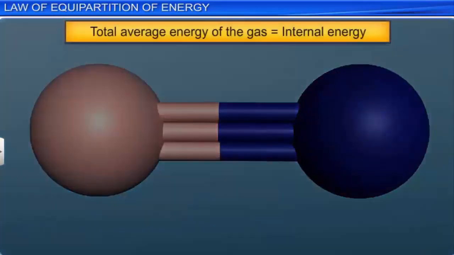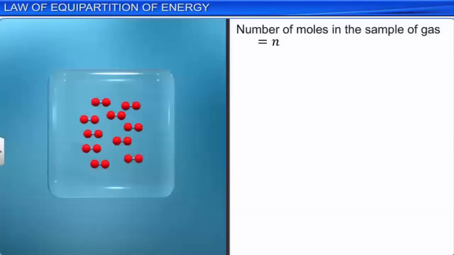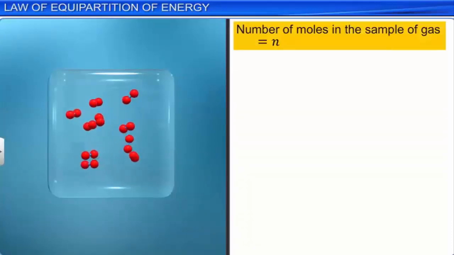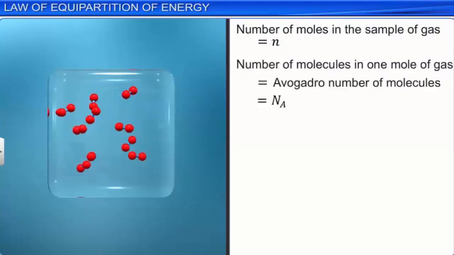The total average energy of a gas is called the internal energy of the gas. Consider that the sample contains n moles of gas. We know that each mole of a gas has an Avogadro's number of molecules.